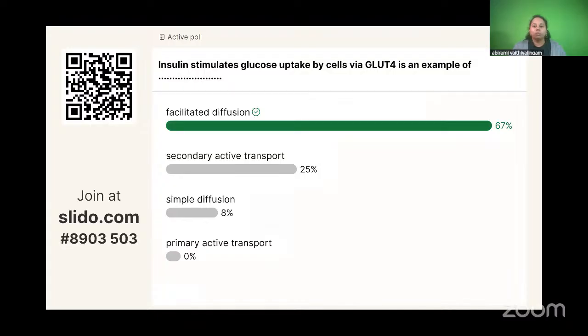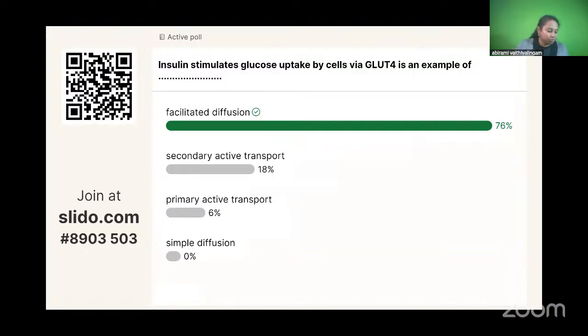Almost 67% of you have given facilitated diffusion. Excellent. GLUT4 is an example for facilitated diffusion. 21% of you have given secondary active transport. You have confused it with SGLT. Don't confuse. SGLT is sodium along with glucose, secondary active transport. But GLUT is only glucose. It is facilitated diffusion. The questions that I'm showing you now are all FMG repeat questions.